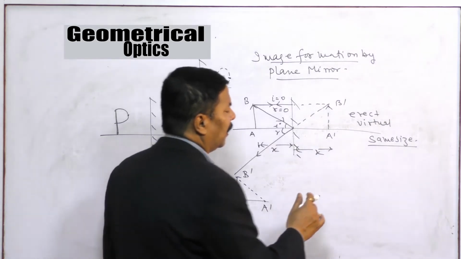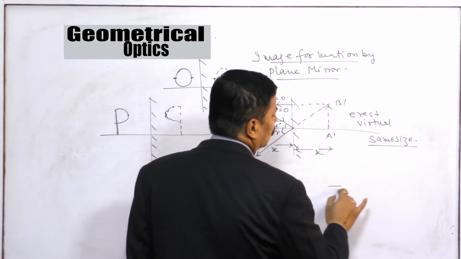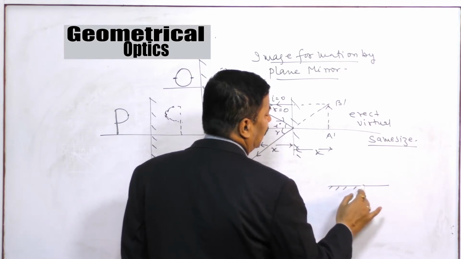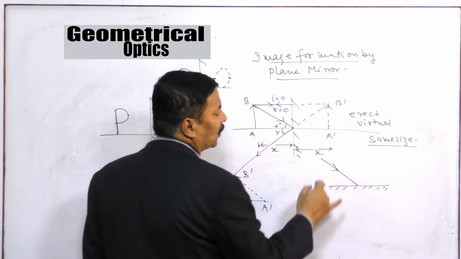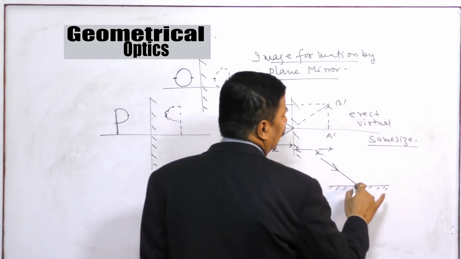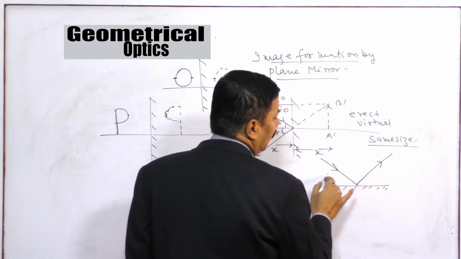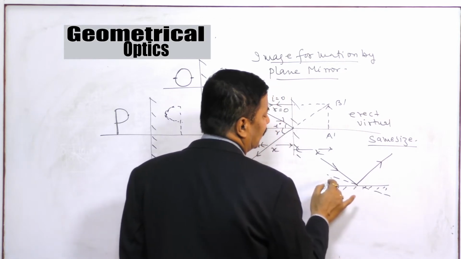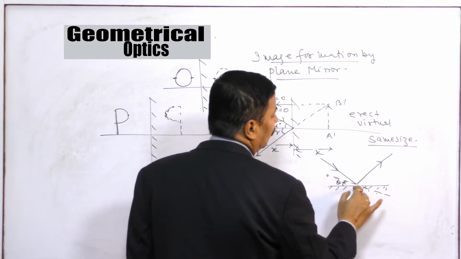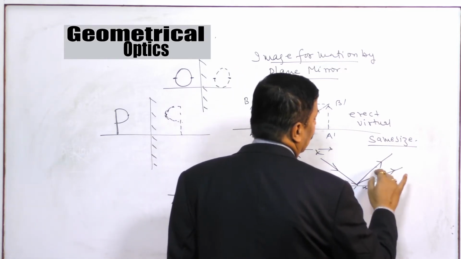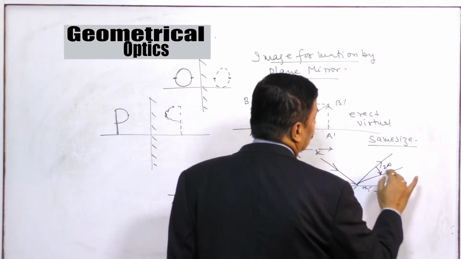So if the plane mirror is here, and this is the incident ray that we have kept constant, this is the reflected ray. If I rotate the mirror by an angle theta, then reflected ray rotates by 2 theta. This angle is 2 theta.